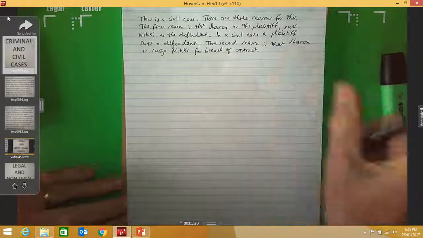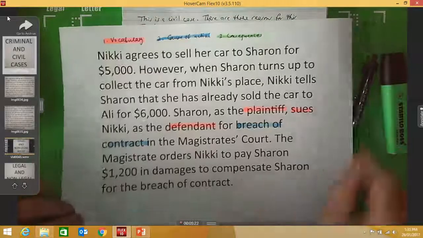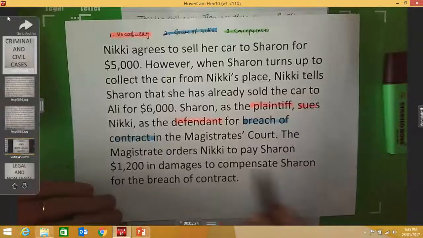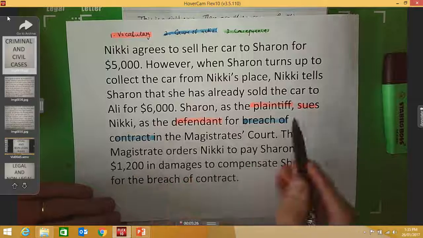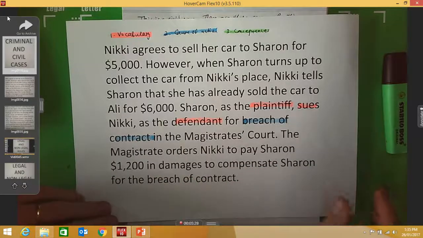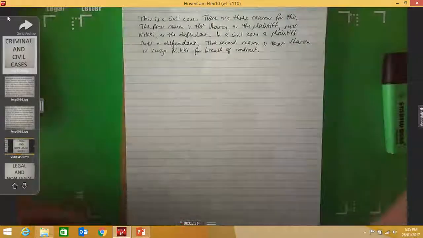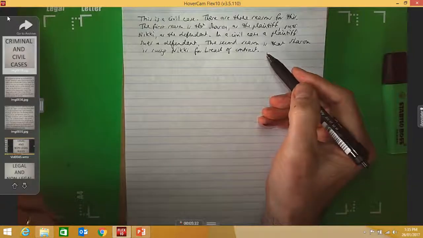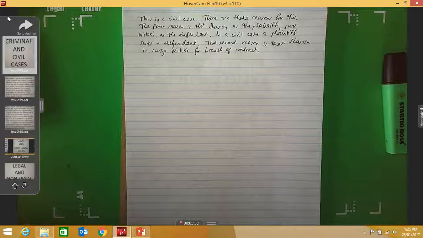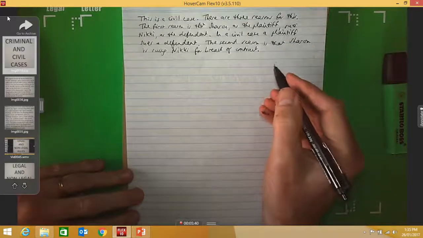Now again, if I was to stop there, that tells me no more than what the case study already says, that Sharon, the plaintiff, sues Nikki, the defendant, for breach of contract. So I've got to add another sentence which shows that I understand why the fact that Sharon is suing Nikki for breach of contract suggests that this is a civil case.